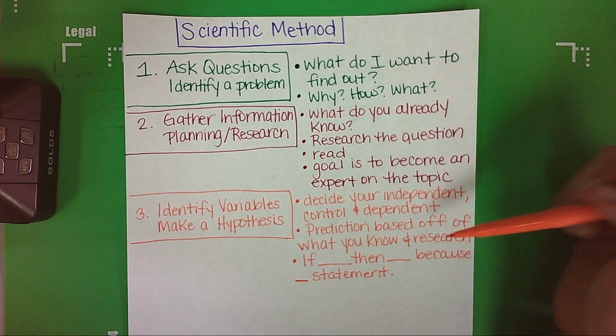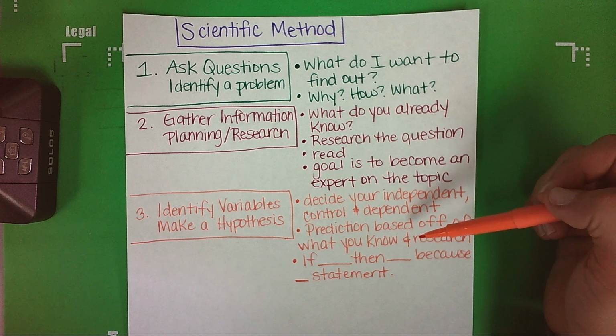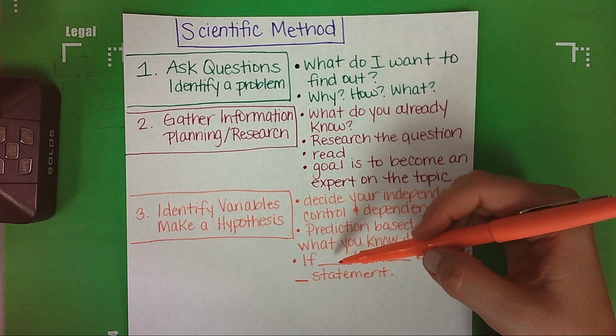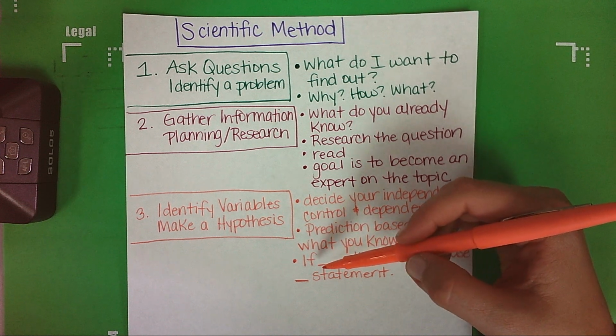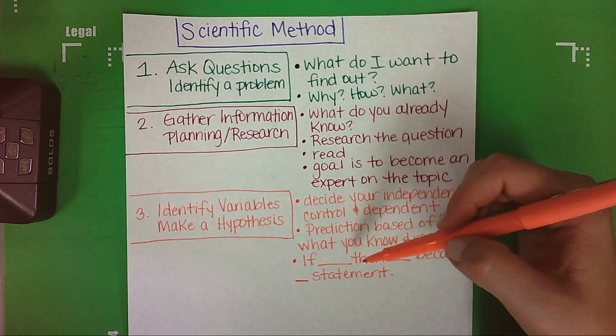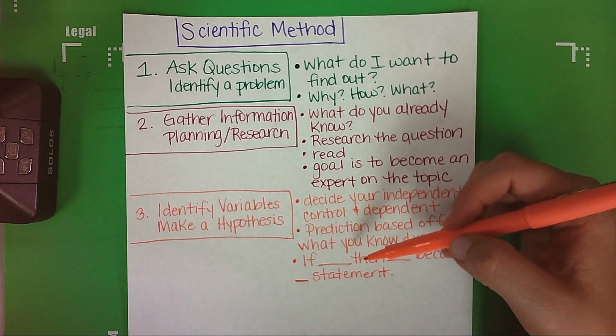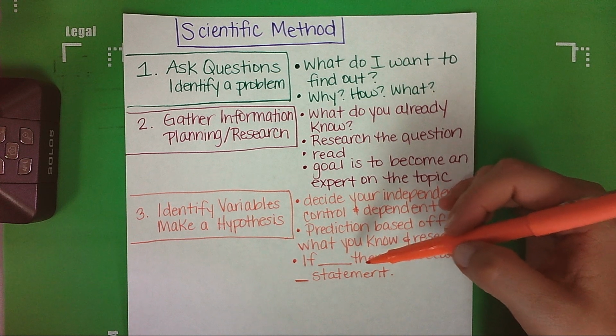That is very basic and very vague, so you want to be specific. If you explain your independent variable, so let's say an independent variable is we're going to change the amount of sunlight that a plant gets, and how are we going to know if the sunlight affected the plant? We're going to measure the plant height.